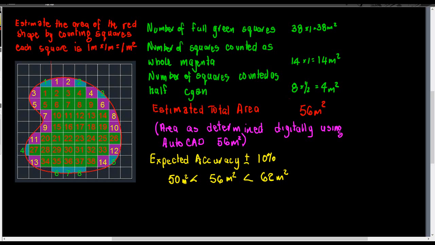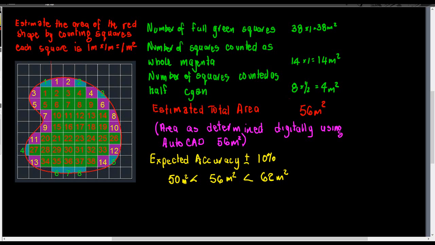Now this is only an estimate. There are a number of ways you could interpret or look at the squares. You could look at each square and estimate what percentage of the total area of the square was covered or uncovered, and then add all those up. There's various ways of doing it.